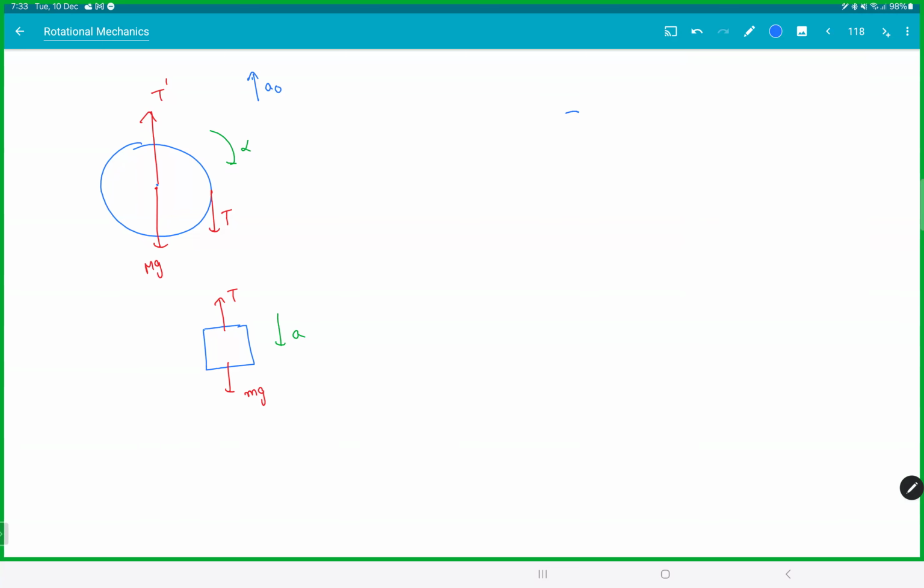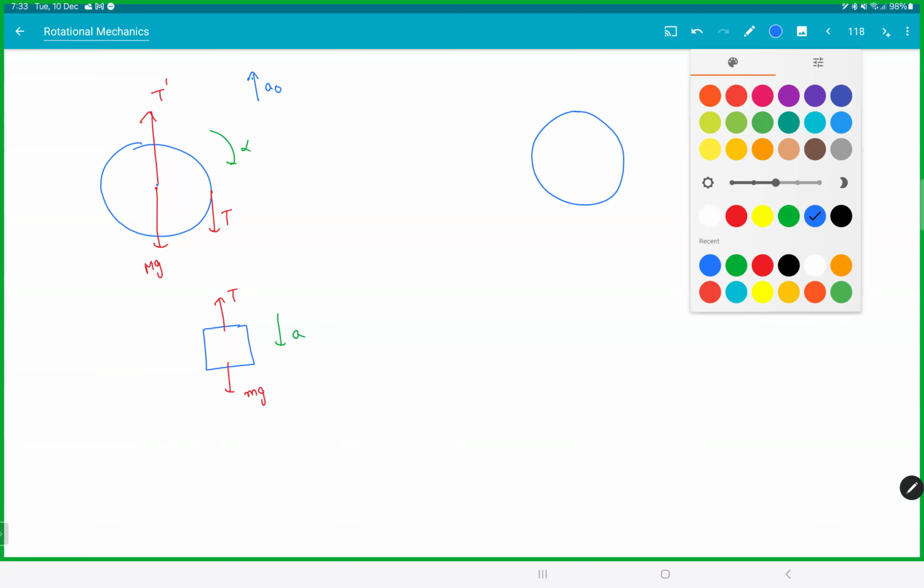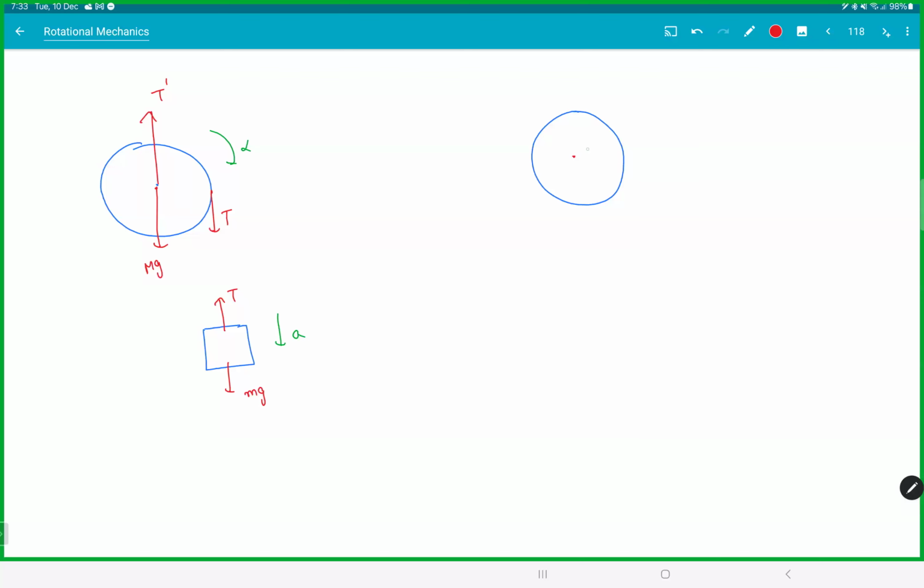So now when I draw the no slipping condition, this guy is going up with A naught and this guy is also rotating with alpha. So this point is going with A naught upward and going down with R alpha. This is connected to a block, and this block here is going with A block.